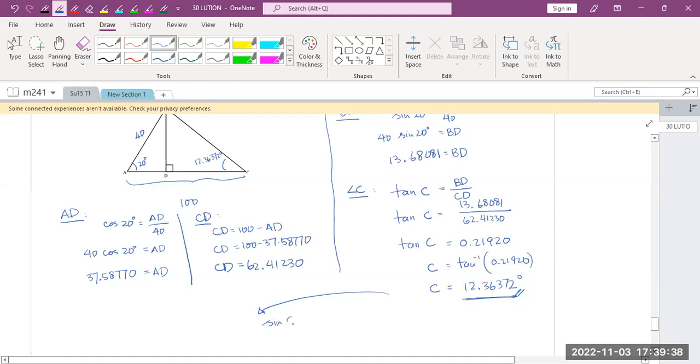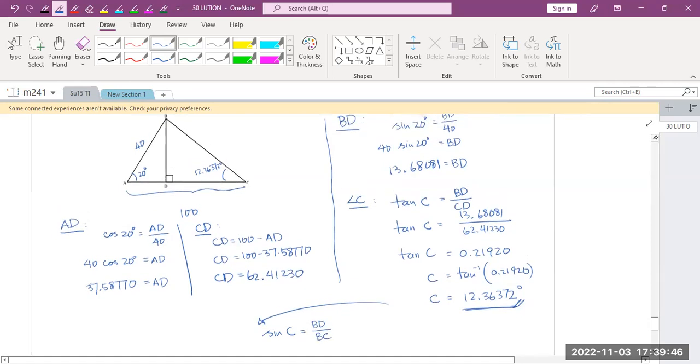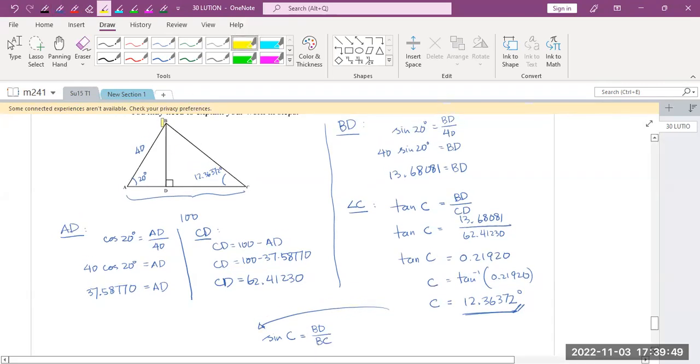Sine C equals BD over BC. Take a look at the right triangle, this one here. We have BD and we have the angle, so we can use that to find BC.